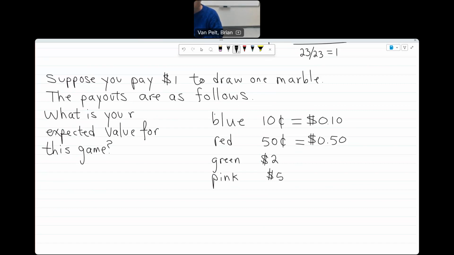Yeah, you can. Remember, this is just an average, so that kind of stuff can happen. Anybody get their expected value yet?